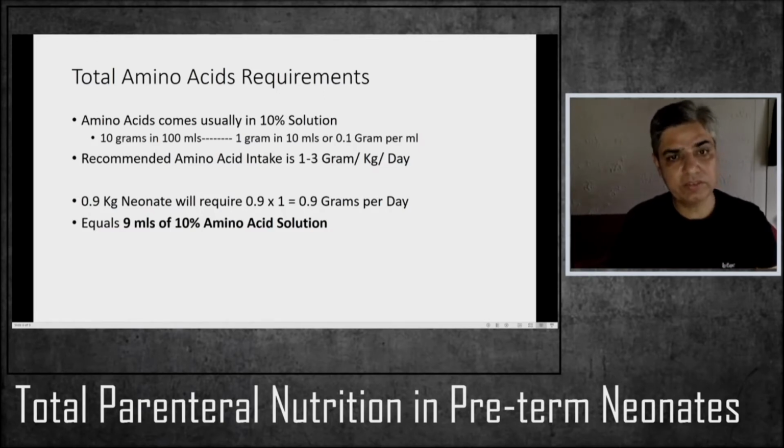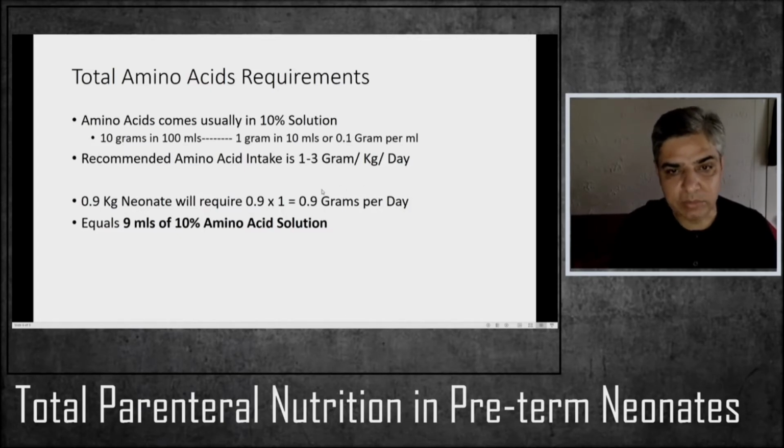Because he weighs 900 grams or 0.9 kg, we multiply by the amino acid requirement per 24 hours: 0.9 into 1 is equal to 0.9 grams per day. So the baby in our example needs 0.9 grams per day.